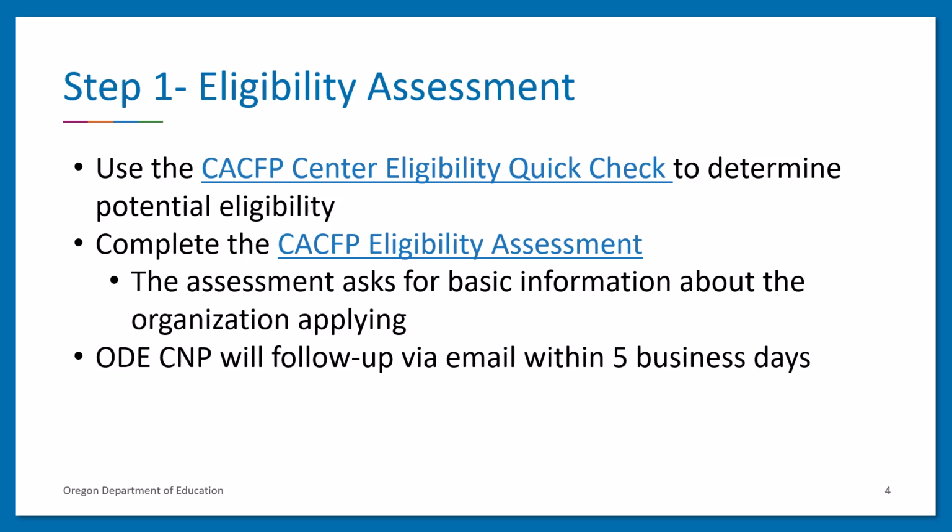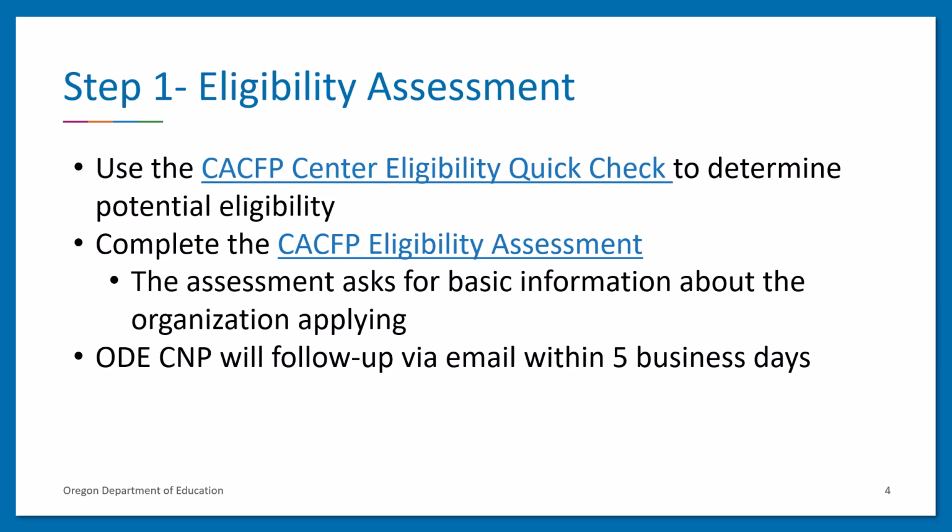Financial viability means that the organization would be able to sustain the same level of service in the event the CACFP funds were interrupted. In this step, you will be asked via email to answer questions ODE-CNP may have, if applicable, submit a profit and loss and balance sheet, as well as a Form 990 for nonprofits, and complete introductory trainings.